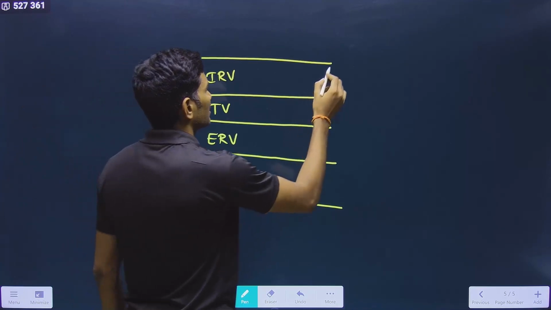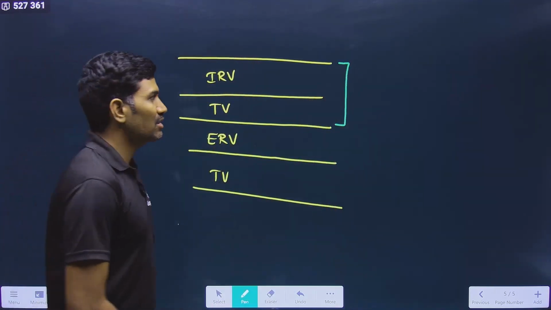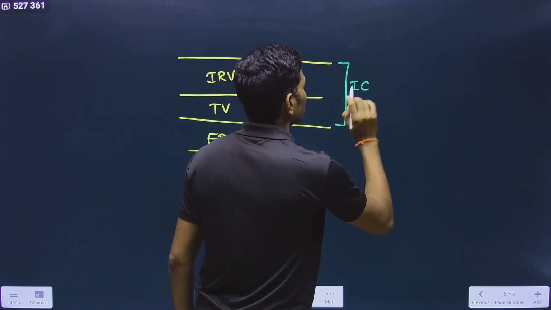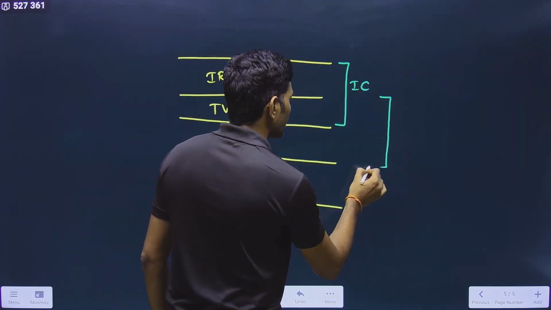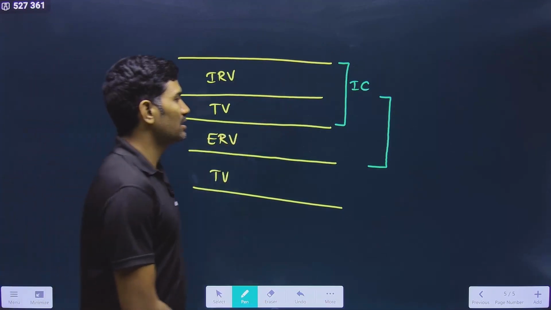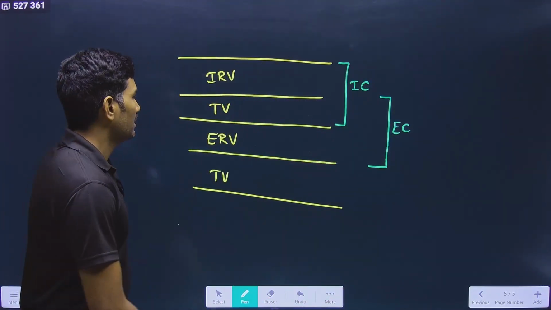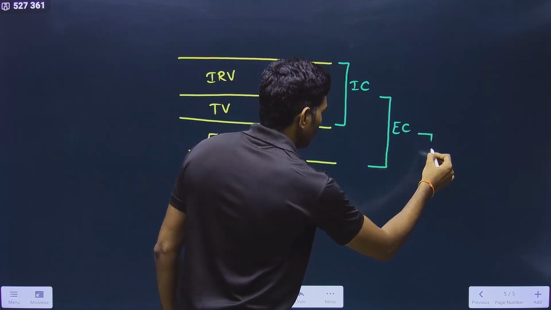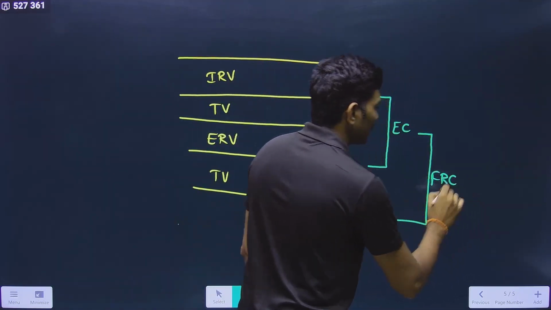Now, inspiratory reserve volume plus tidal volume is inspiratory capacity. Yes or no? And then tidal volume and expiratory reserve volume, these two are called expiratory capacity. And expiratory reserve volume and residual volume is functional residual capacity.